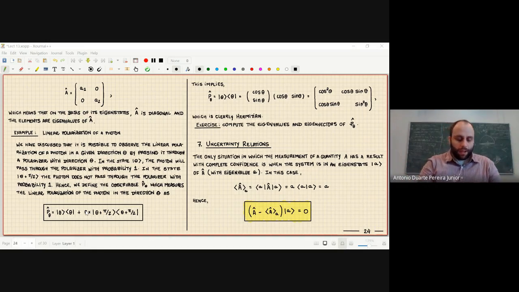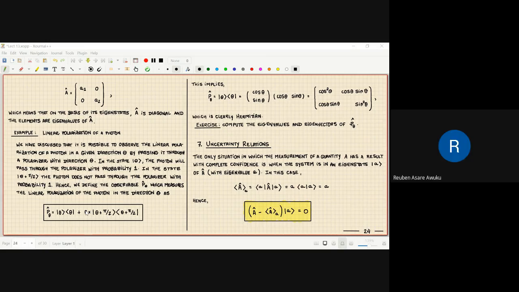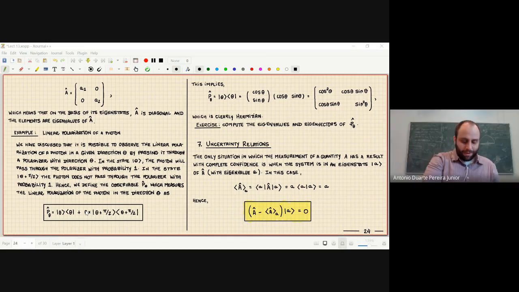But now I can encode information using quantum bits. Namely, you now have a state which is not 1 or 0, but a state that is a linear combination of 1 and 0. Okay? Thank you. You're welcome.